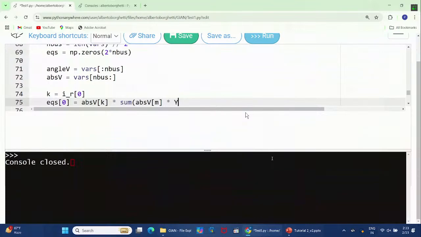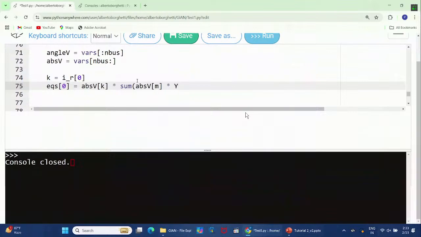So for the real part, I can mention Y, that is our admittance matrix, and the elements are K and M. But the real part is G, so dot real, and then times the cosine. The cosine is in the NumPy library, so np.cos. And it is the angle, so angle V in K minus angle V in M.